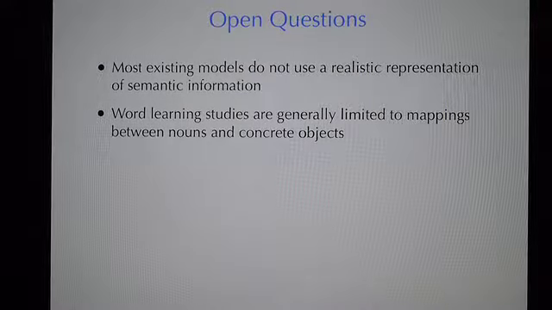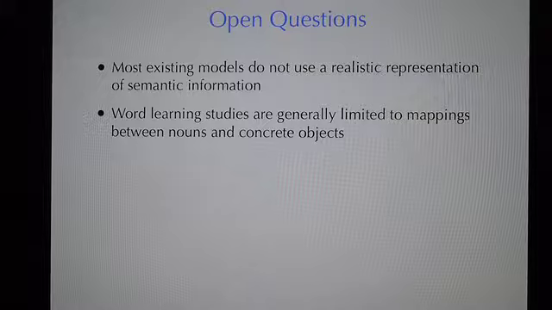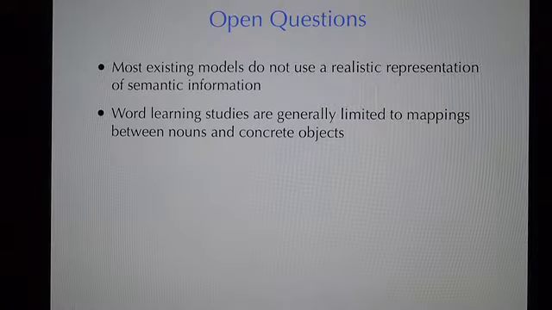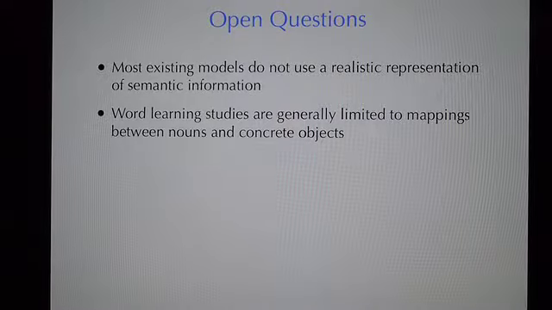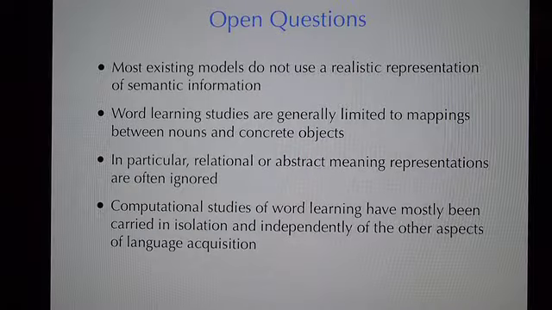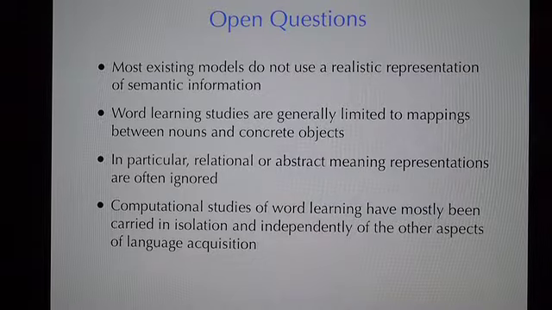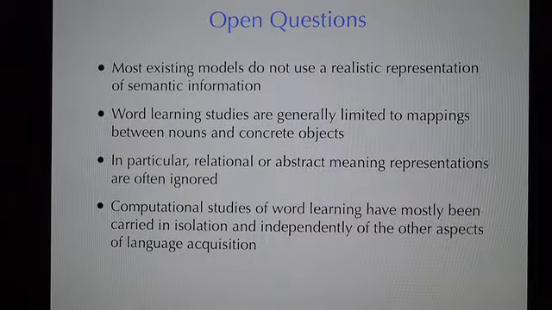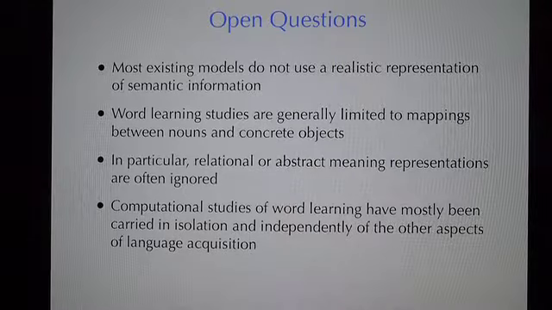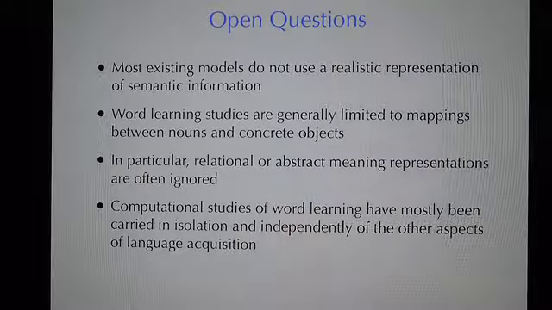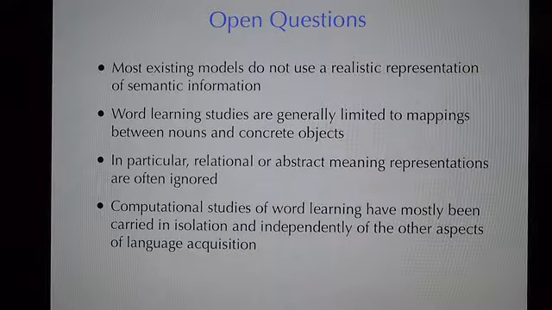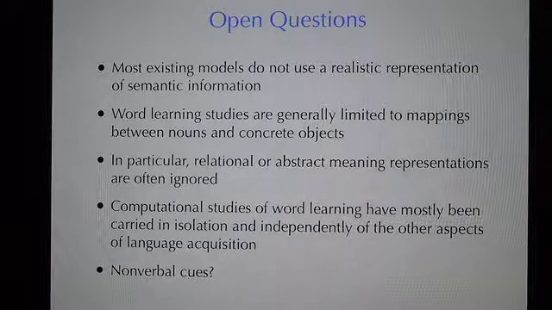Also, most of the word learning models focus on nouns and concrete objects, and they rarely pay attention to verbs and relational terms in the language, or more abstract objects that are not perceivable very easily. Finally, the computational models of word learning have been separated from the other aspects of language acquisition. This is about to change, but this is a major limitation of the existing models, that they don't take into account interaction with, say, sentence structure or nonverbal cues such as gesture and gaze.